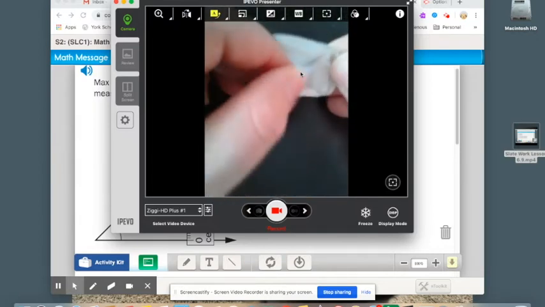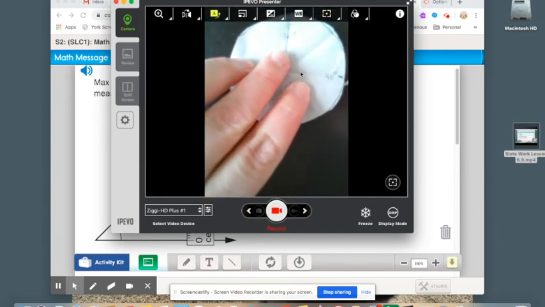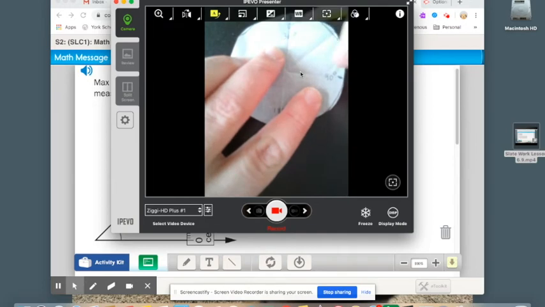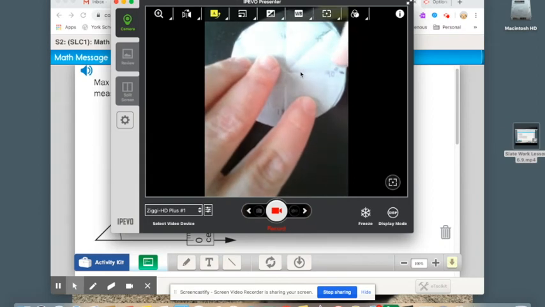So when you open it up, you should have a fold in between 0 and 90. That's halfway between 0 and 90. So you're going to put a mark here, and that angle is half of 90, which would be 45 degrees. So every eighth of the circle is going to be another 45 degrees.